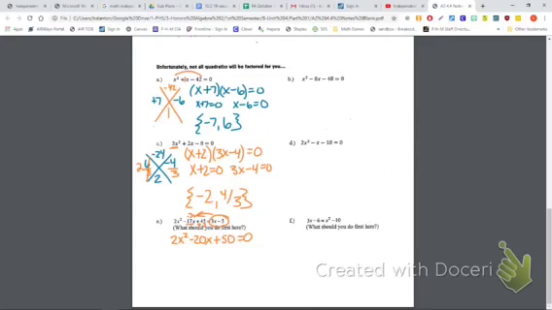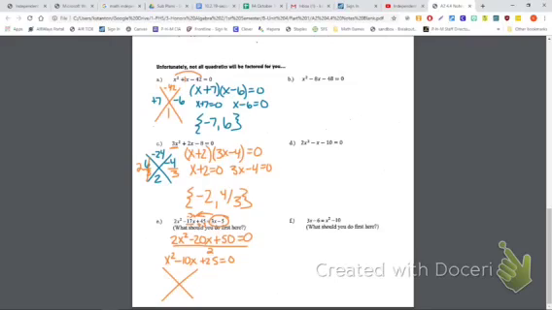Now, look for a common factor. First thing we can do, we can take out a 2. Now, because this is an equal sign, if we divide on one side, we divide on the other side. And guess what? We don't have to account for that 2 anymore. So we end up with x squared minus 10x plus 25 equals 0.